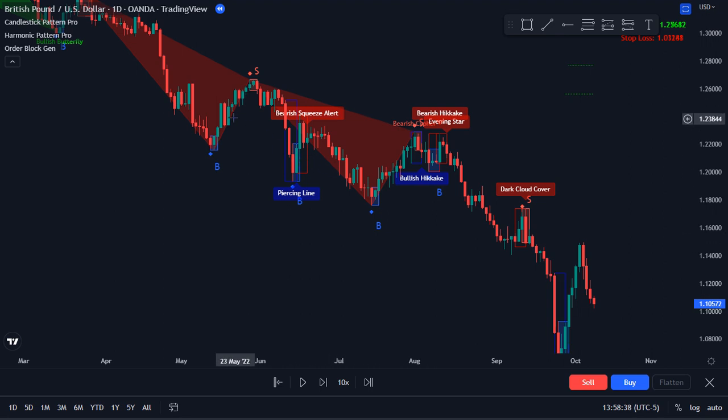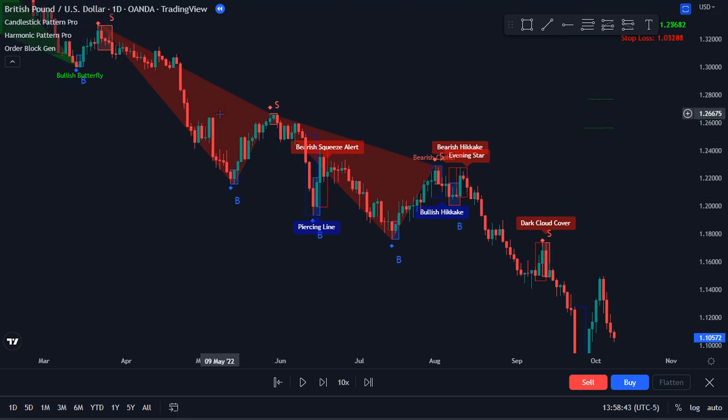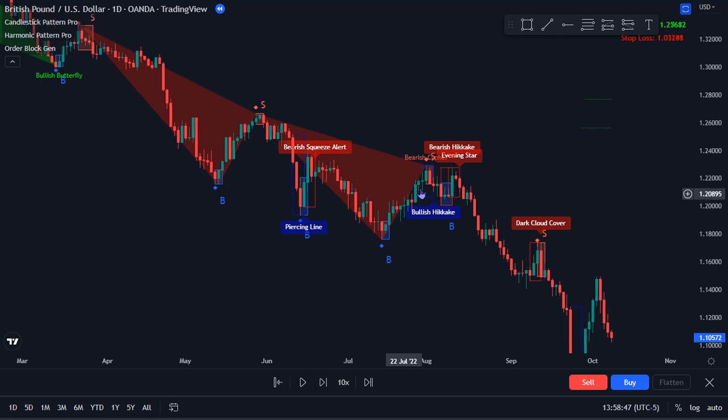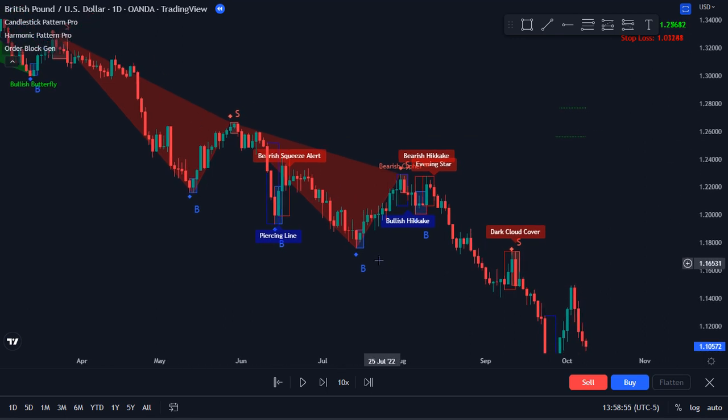And so as we move into higher time frames, I'm actually not going to use the harmonic pattern as much. I may show some examples on the lower time frame, but I wanted to have it here because this is now confirming the direction.